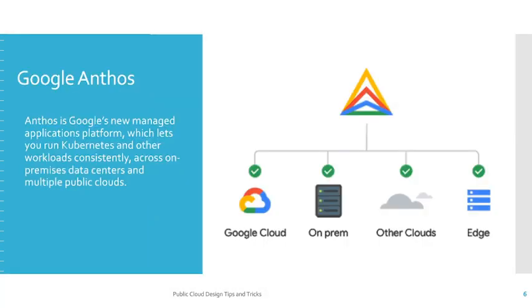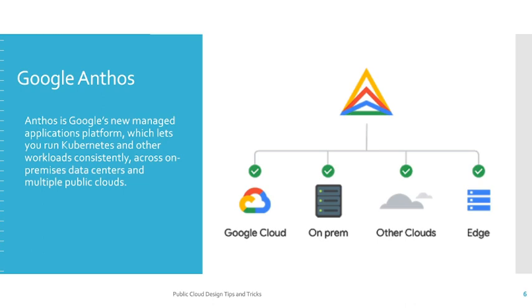Then what is Anthos? Anthos is one of the best services from Google that I like the most, I can say. Anthos is Google's new managed application platform which lets you run Kubernetes and other workloads consistently across on-premise data centers and multiple other clouds as well.